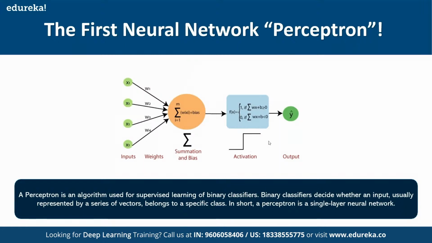Don't worry guys if you have not been following along with the comparison between biological neurons. The only thing for you to remember is whenever I'm processing the information for a single neuron, to get the output, I'll take the dot product between my inputs and the weights, and I'm going to add a bias term. If I want to represent it mathematically, sigma of i equal to 1 to m, assuming that I'm having m inputs, and inside the parenthesis, I'm taking the dot product, that means wixi, plus bias term, that is b value.